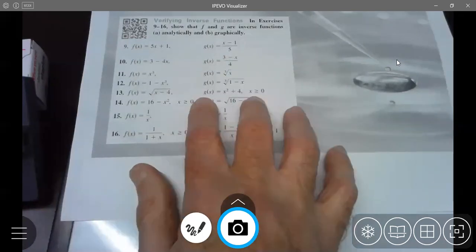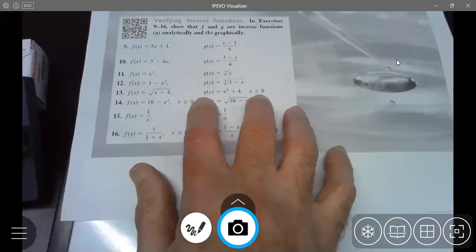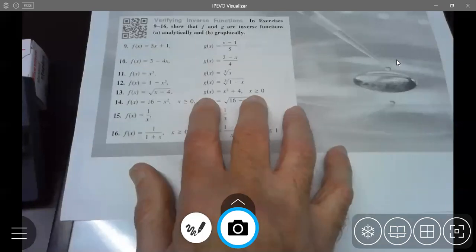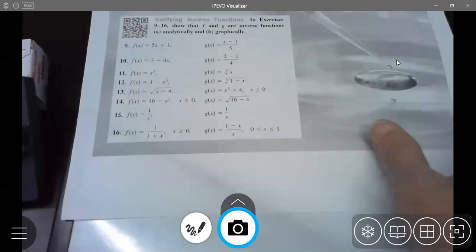And notice they put a restriction on here, x is greater than 0. When we look at this graphically, I'll show you why they put that extra restriction in there. Let's take a look at these 2.